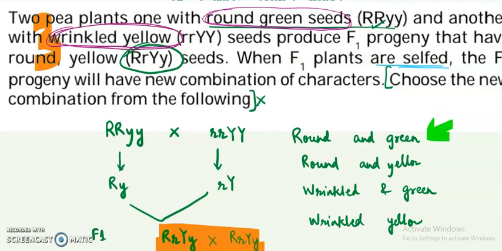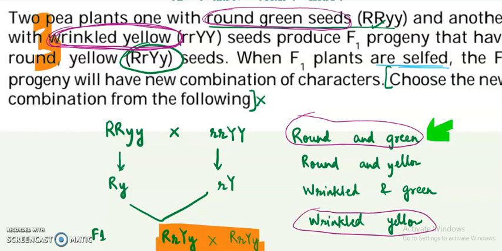You cannot mark the one that you took initially in the dihybrid cross as seen in your NCERT. So here we are talking about round and green, wrinkled and yellow. These are our parental combinations that are given in the question.